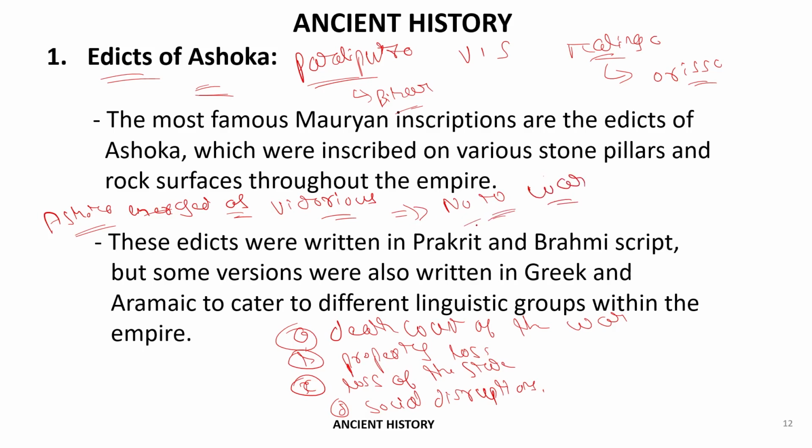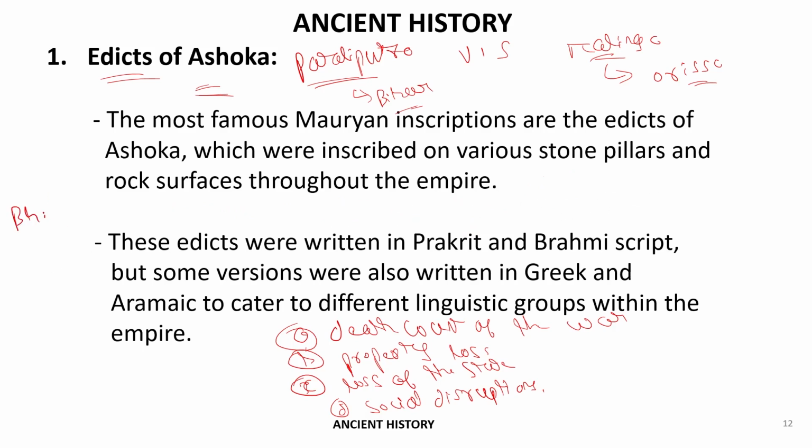No to war. Okay. Now many people claim that Ashoka gave up fighting. No, he didn't. He didn't give up the fighting, but he stopped the fighting. Okay. And he changed the policy from Bhairi Ghosha to Dharam Ghosha.